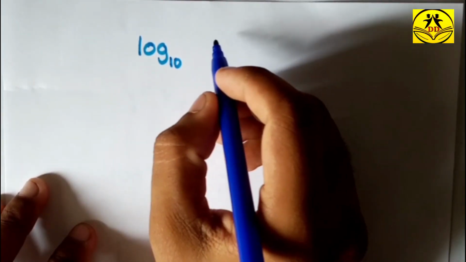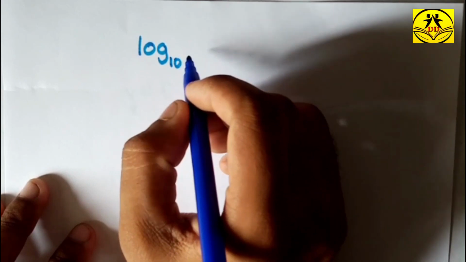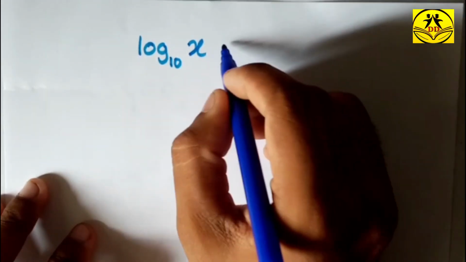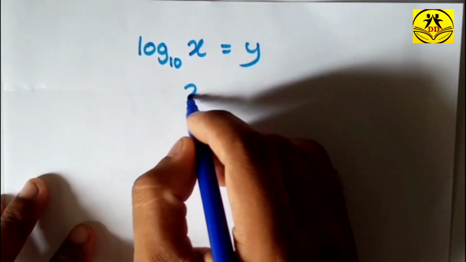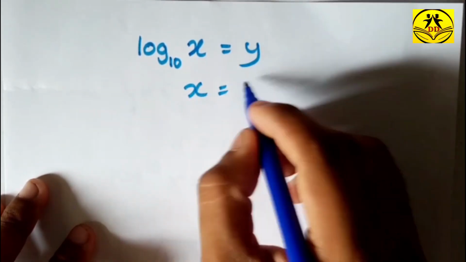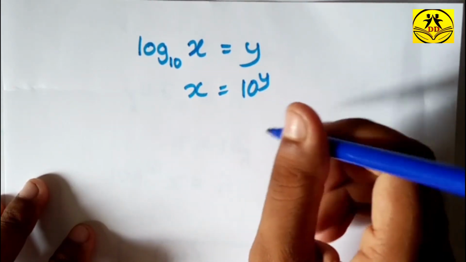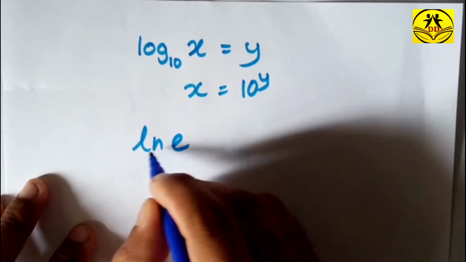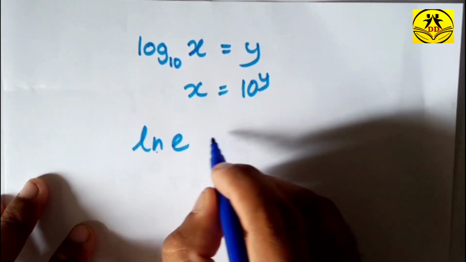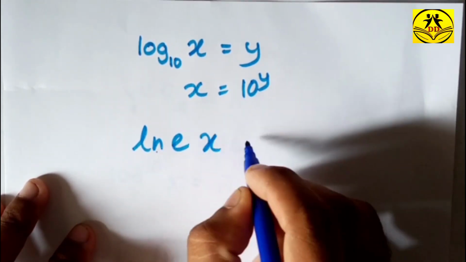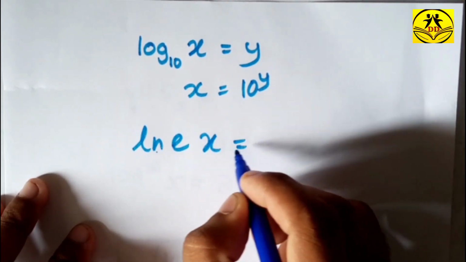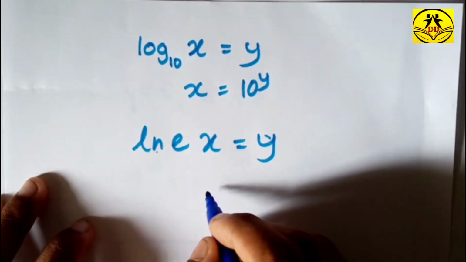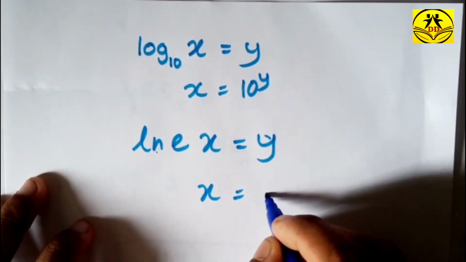Here it's a bit different. For example, in logarithms of base 10, if log 10 x is equal to y, it means that x is equal to 10 to the power y. So in ln, in exponentials, if ln x is y, it means that x is equal to e to the power y.